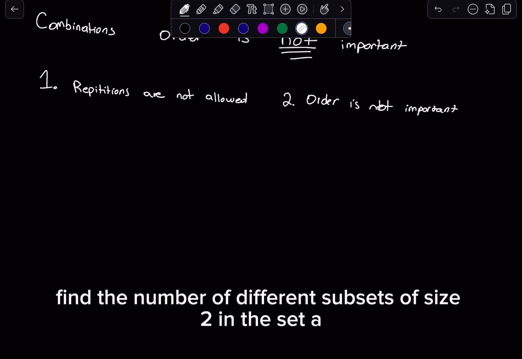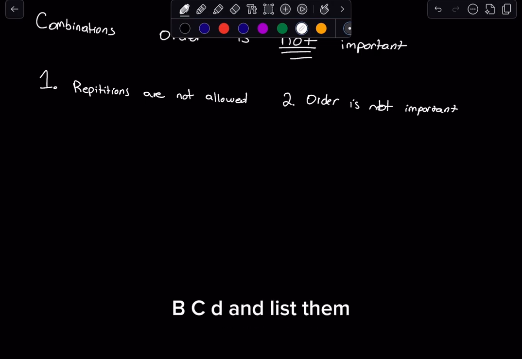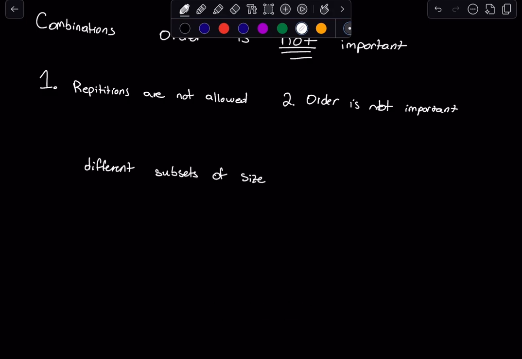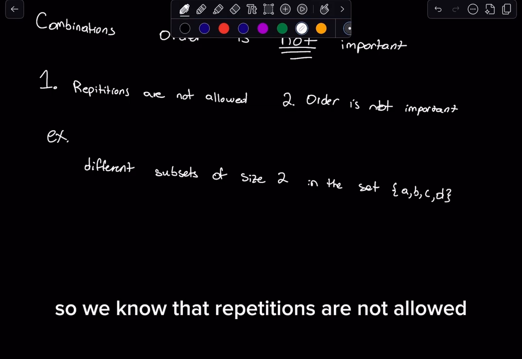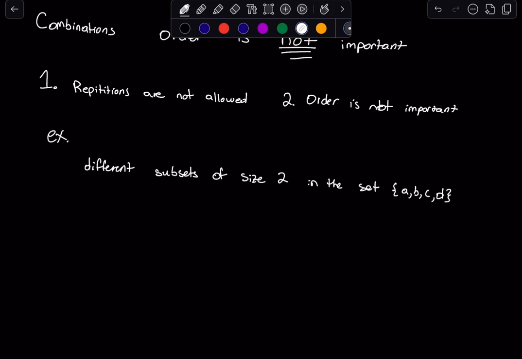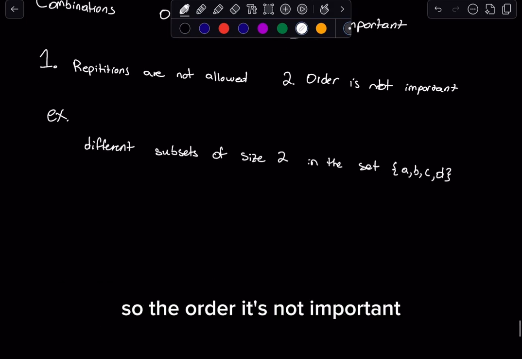Find the number of different subsets of size 2 in the set {A, B, C, D}, and list them. So different subsets of size 2 in the set A, B, C, D. So we know that repetitions are not allowed. And we know that they have to be different. So the order is not important.